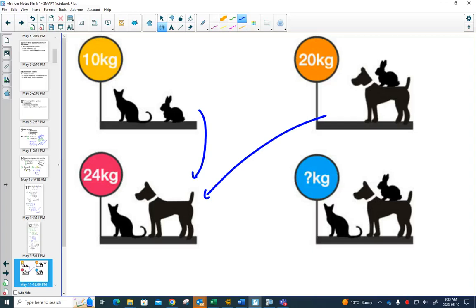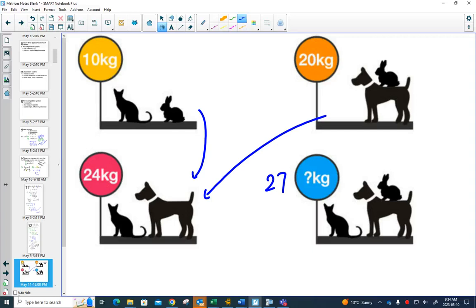If I move these ones onto here, because they're twins, and these ones onto here and they're twins, I would have 2 dogs, 2 cats, and 2 bunnies on a scale that says 54. Right? I eat one of them each for lunch, and I'm left with only half, giving me 27 there.